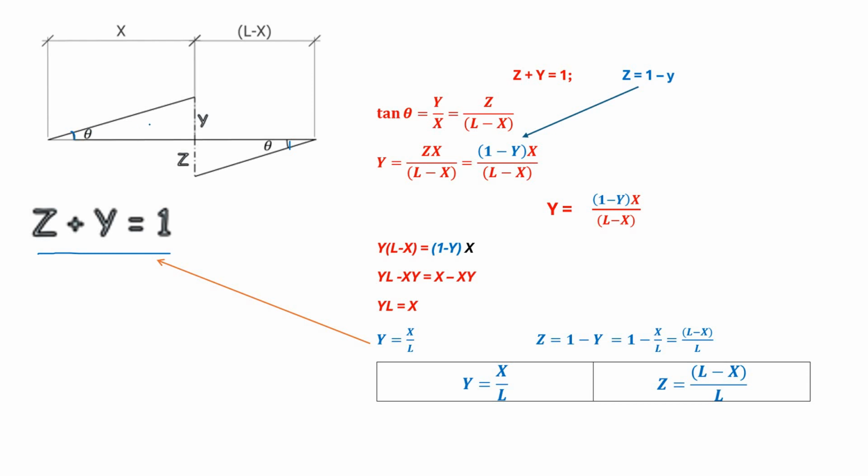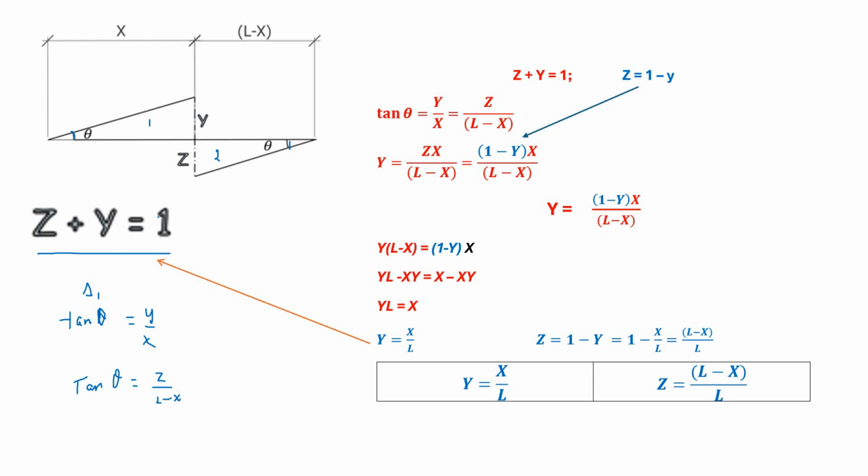Now we will take triangle 1, and for this triangle, tan theta equals y divided by x. For the second triangle, tan theta, both thetas are equal, so no issues, is z divided by L minus x.